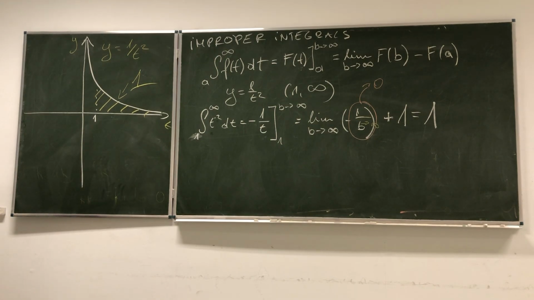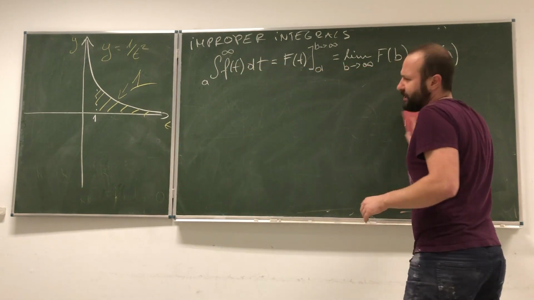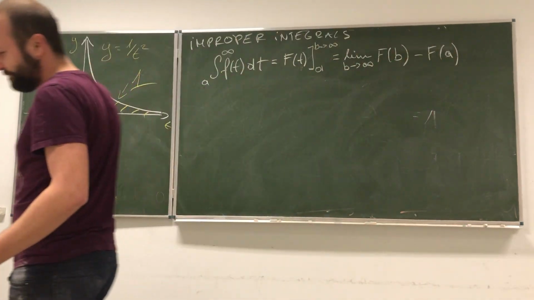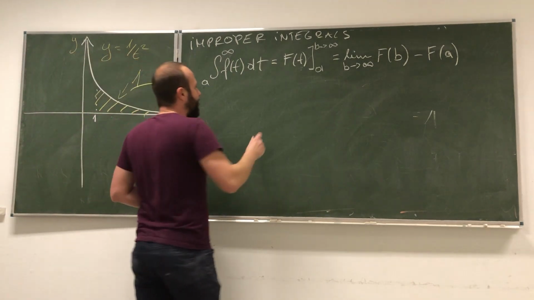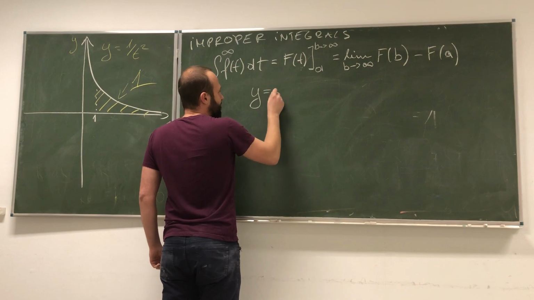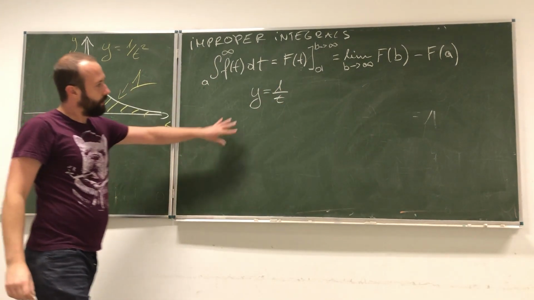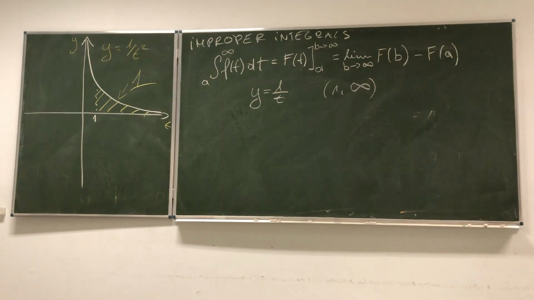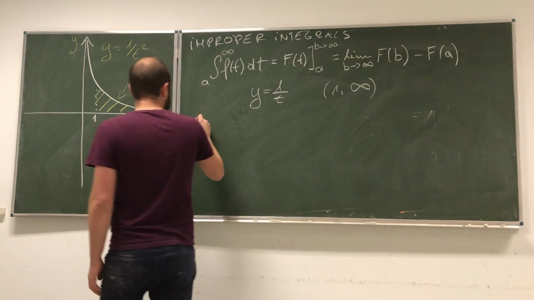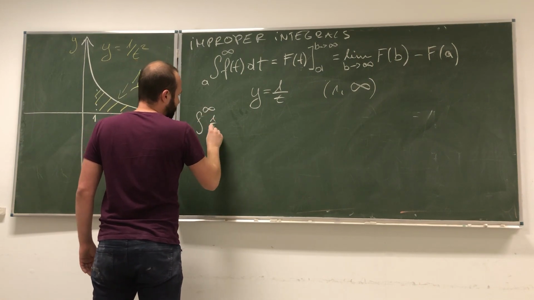Okay, so now let's try a different example, very similar, but where we get a somewhat different outcome. So now, let's just say that I want to know what is the area below 1 over t from 1 to infinity. Well, it seems very similar, but let's see what we get. Okay, so look, first, you just need to calculate the integral from 1 to infinity of 1 over t dt.